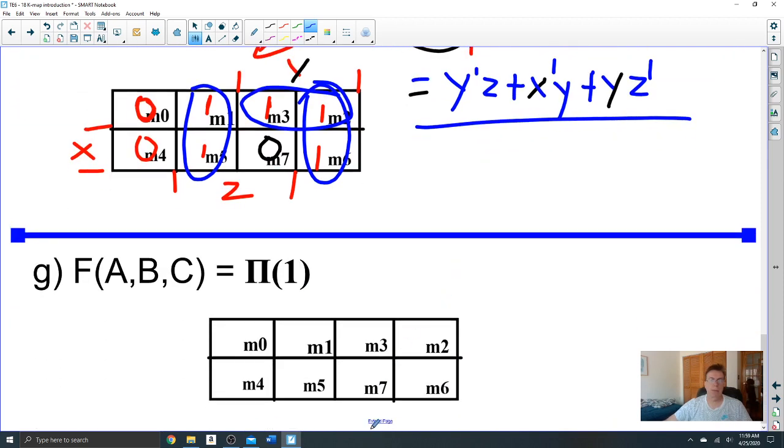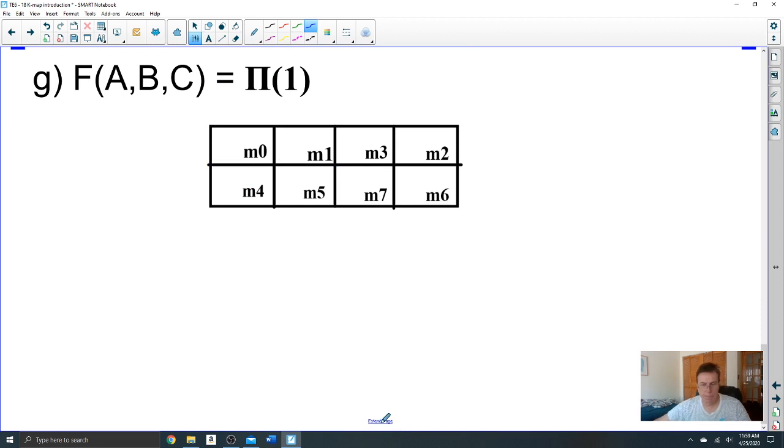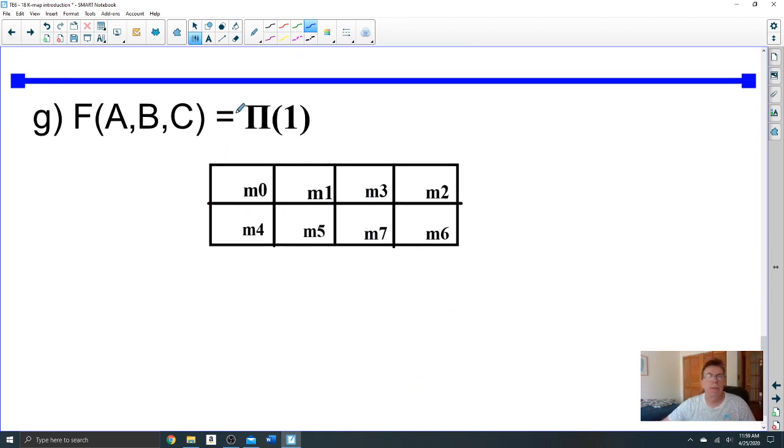Okay, last example. The last example is a product of max term 1. All right, let's do the map with variables x, y, z. And the product of max term 1 is right here.